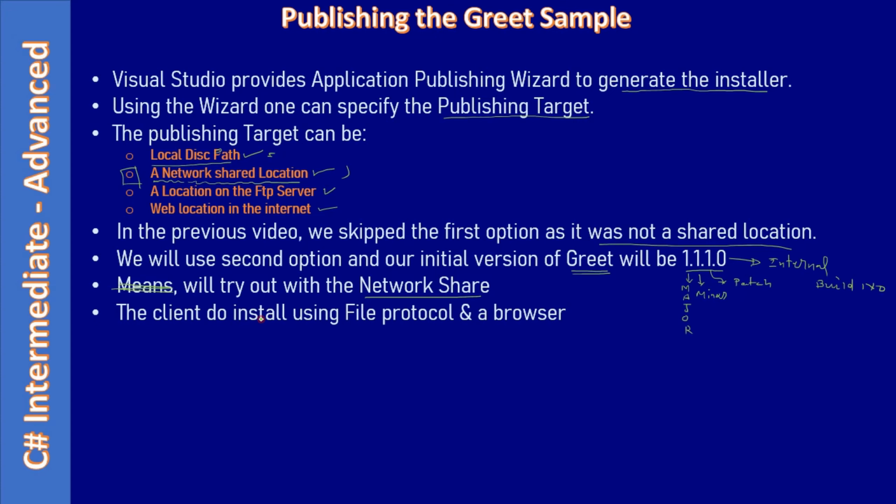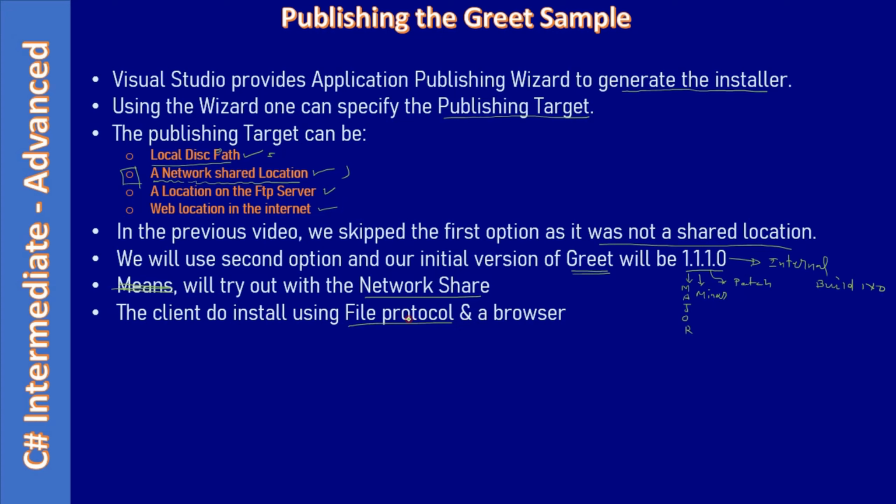The client does the install using the file protocol and a browser. The browser can be Chrome or Internet Explorer or Edge, whatever it is, and in the address bar we will specify the file protocol and the network location to access the HTML file.